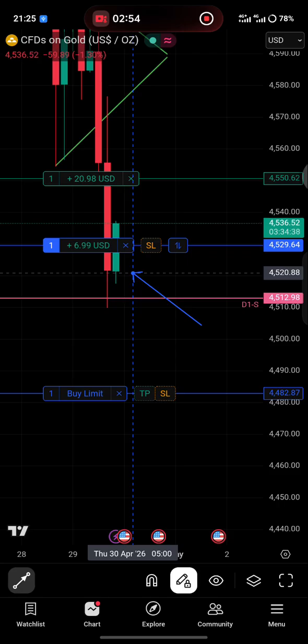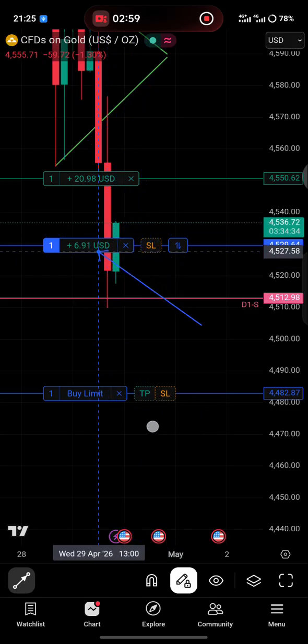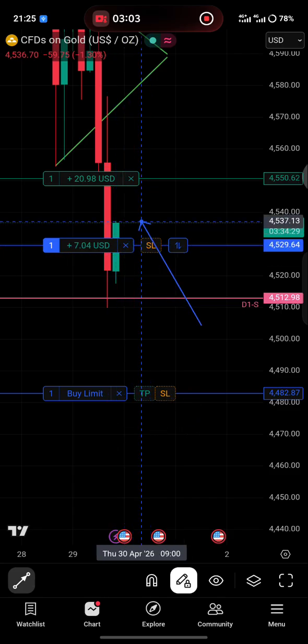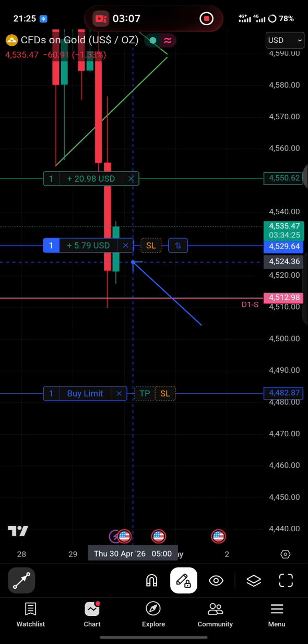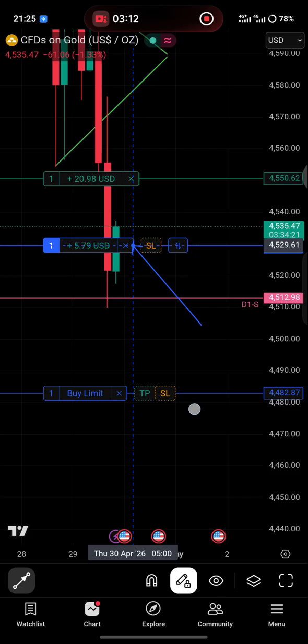So I'm also using the demonstrating portfolio here to help you understand how I'm trading, where my position is going to be opened and where it is going to be closed. Okay, so right now I have my position in a floating profit, right?